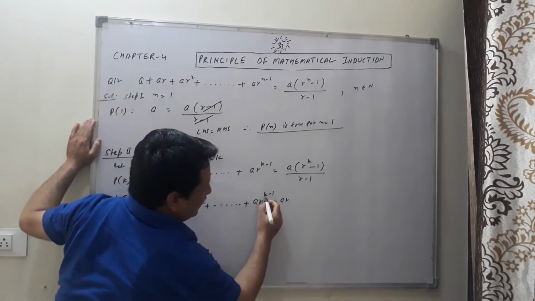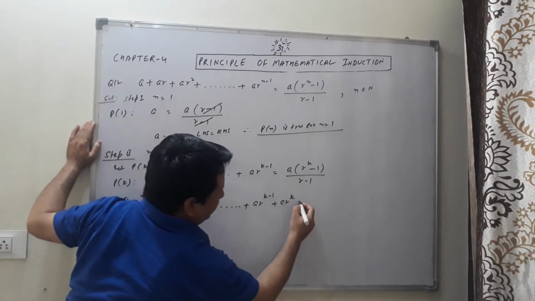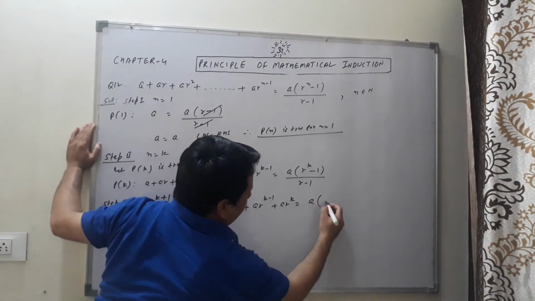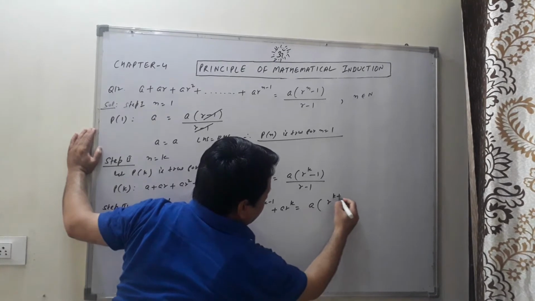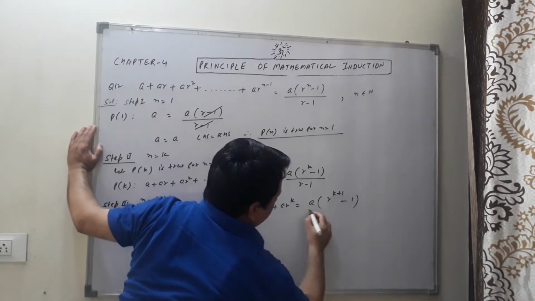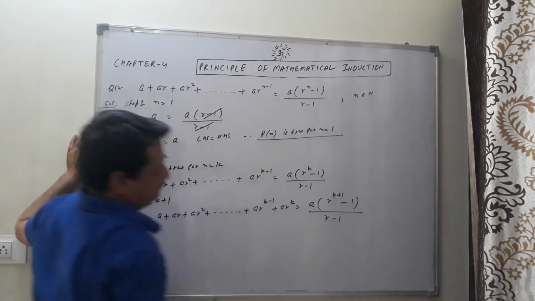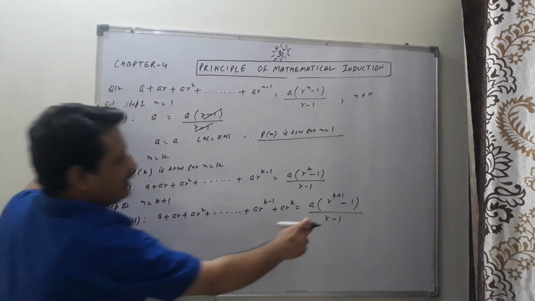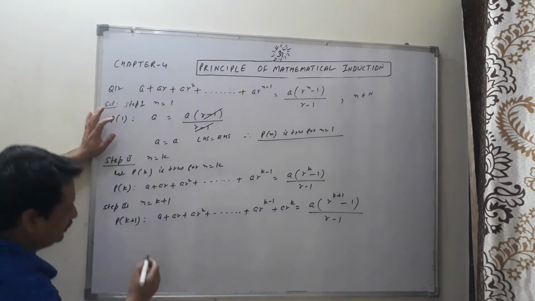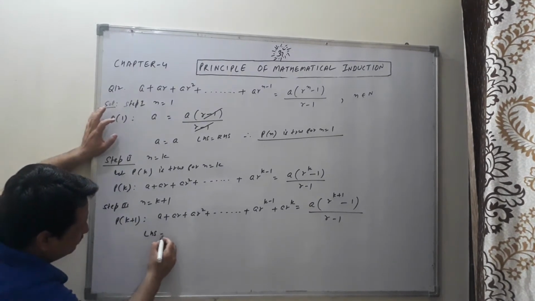Now we will make this k as k plus 1, so it will come as A into R to the power k plus 1 minus 1 upon R minus 1. Then we will solve the left hand side and make it equal to the right hand side. So let us take the left hand side.